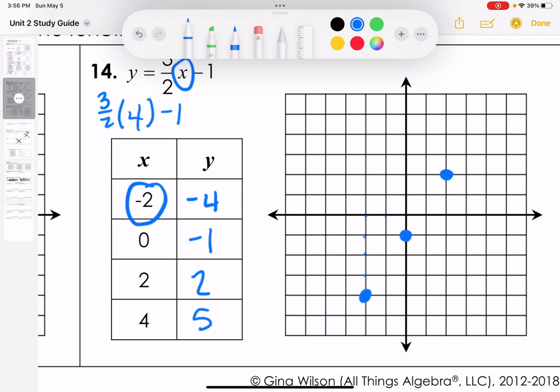And then 4, 5, I'm going to go over 4, up 5. So this would be our graph. All right, so you're going to go back and do 13 later.